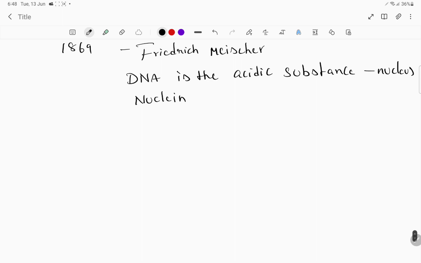And the next scientists, you have to remember, is in 1953. Watson and Crick, James Watson and Francis Crick.